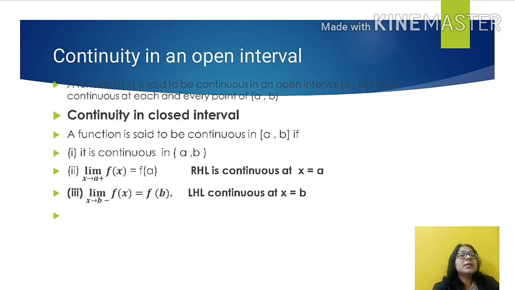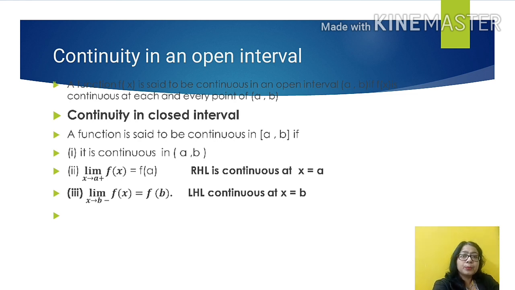Now continuity in an open interval. A function is said to be continuous in the open interval (a, b) if the function is continuous at each and every point in the interval, not at the end points but in the interval. And continuity in a closed interval [a, b], what is the meaning of that?